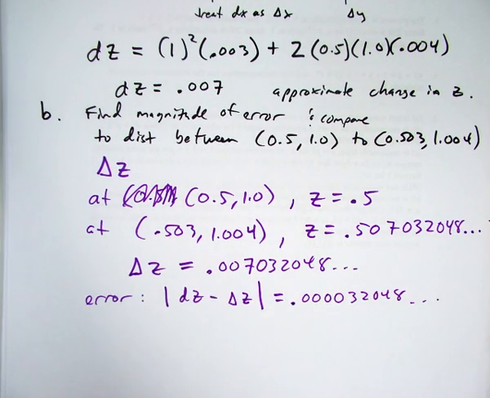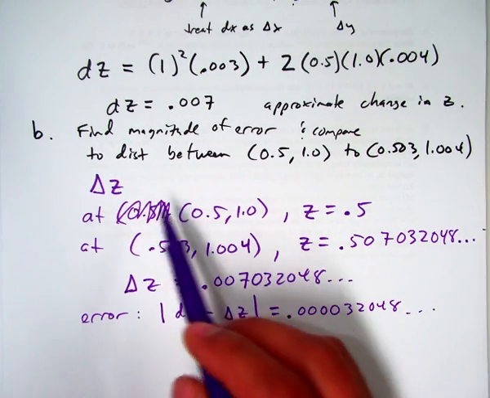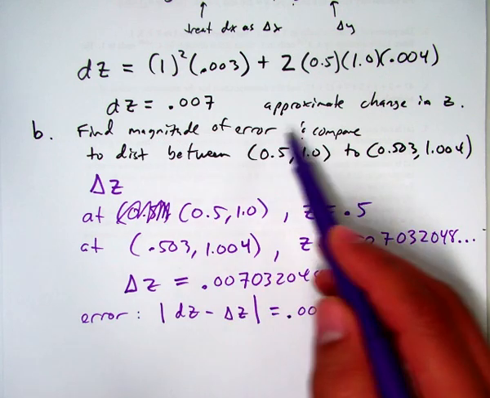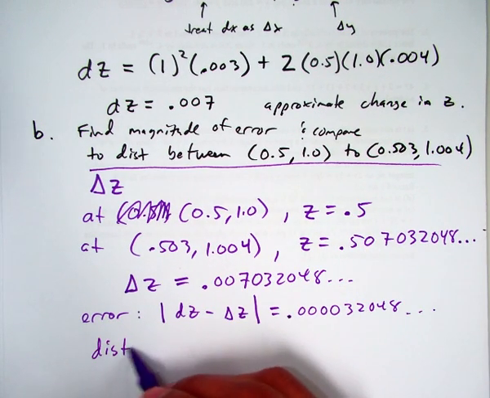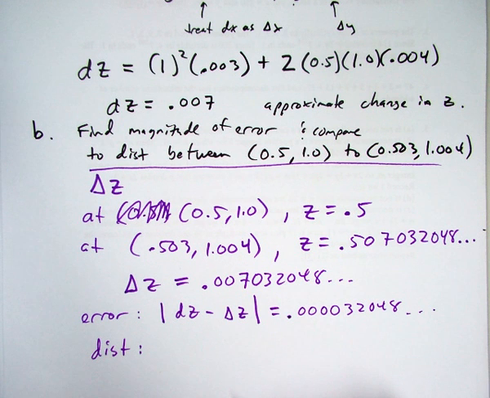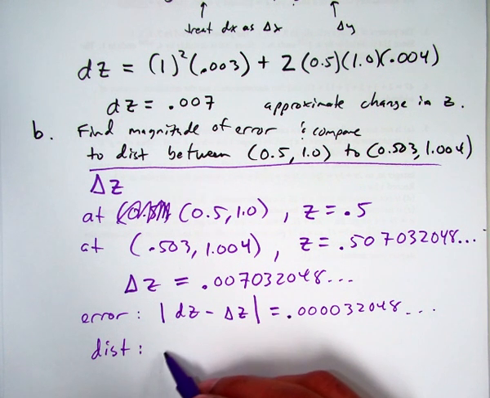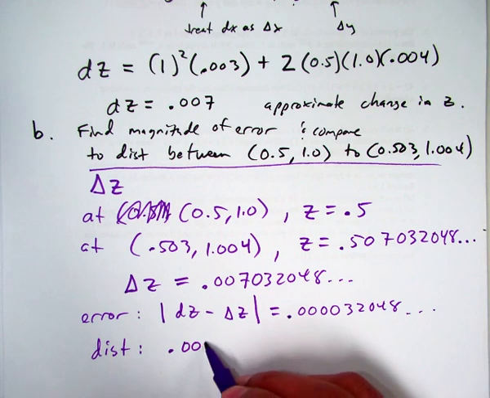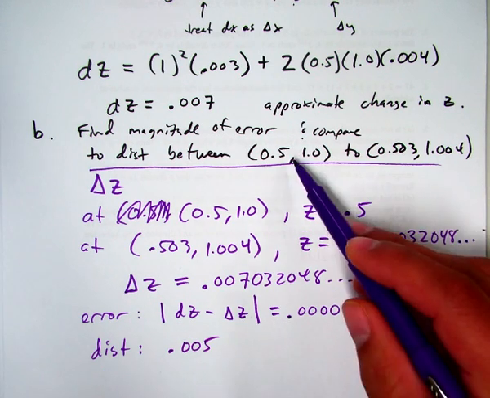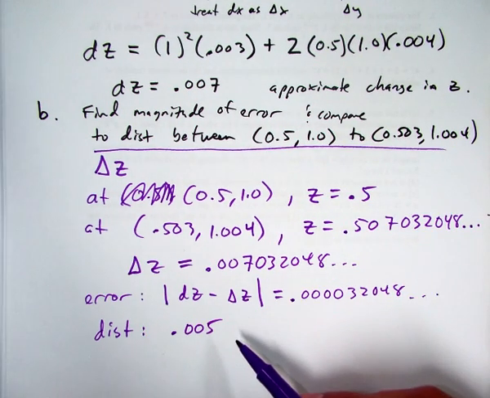Okay, so now here's what this means when I say find the magnitude of error and compare to the distance between these 2 points. So what's the distance between those 2 points? 0.005. Okay. So if you use distance formula, or maybe you just see the triple there, the distance between this point to that point is 0.005.